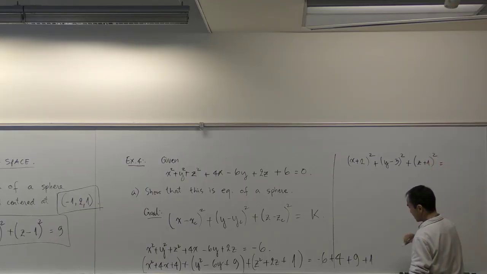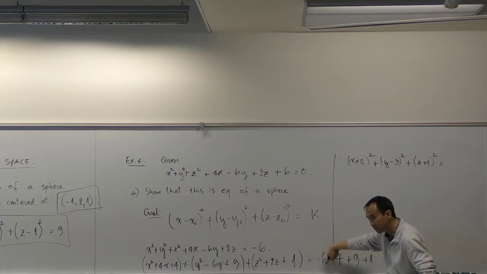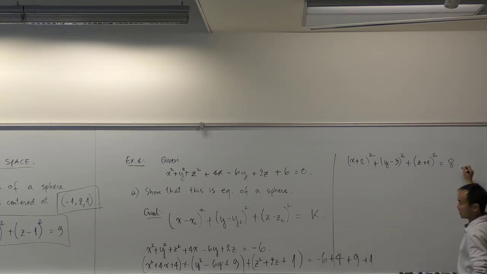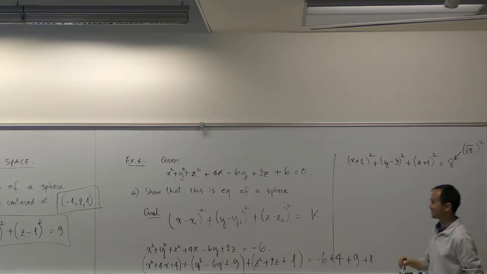And then on the right-hand side, 4 plus 9 is 13, plus 1 is 14. Taking 6 away, that's 8. Do you see the equation of a sphere? And this is the square root of 8 all squared. Now that displays the radius information, right?